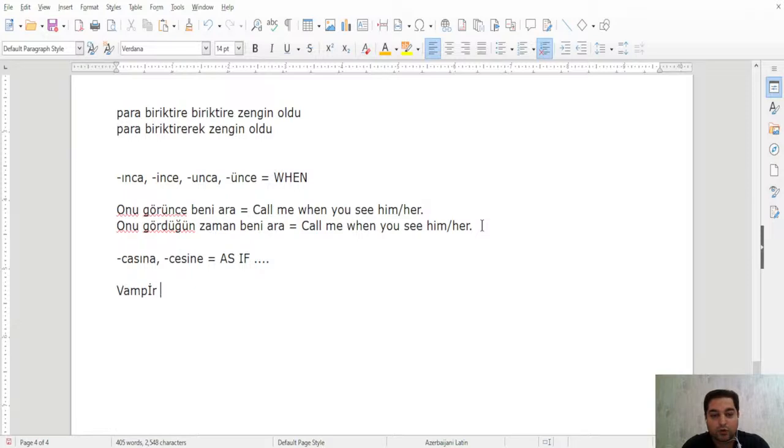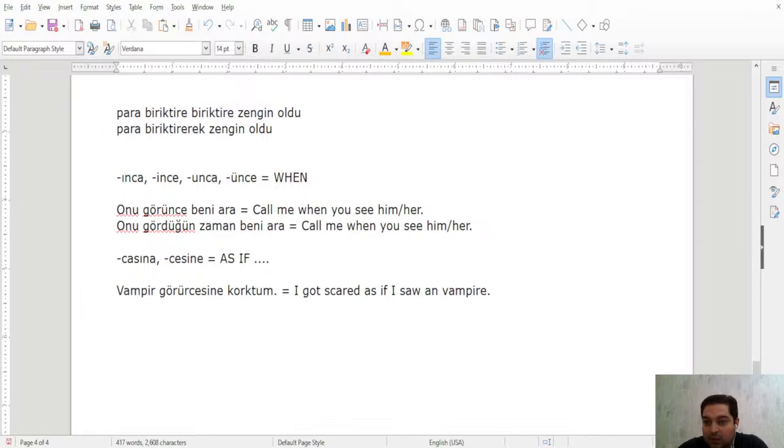Vampir görürcesine, as if you saw a vampire. Görürcesine korktum. I got scared as if I saw a vampire. So vampir görürcesine korktum.